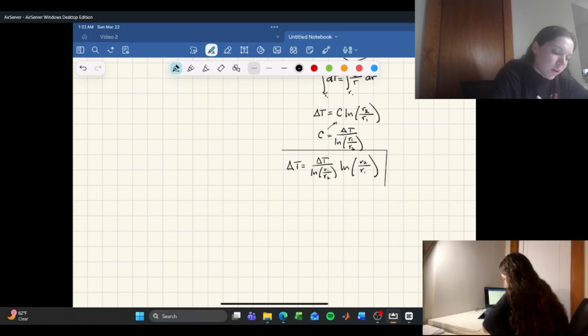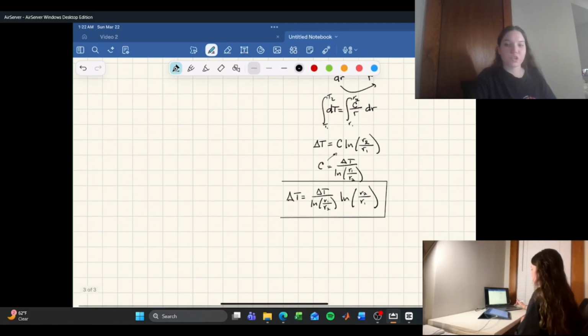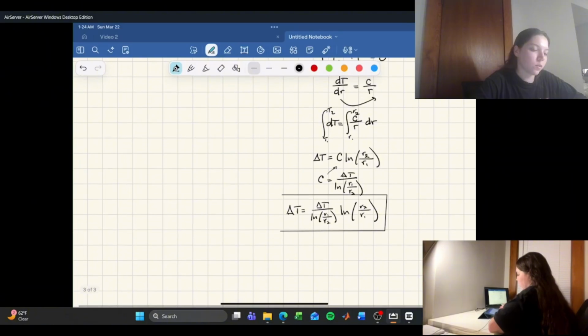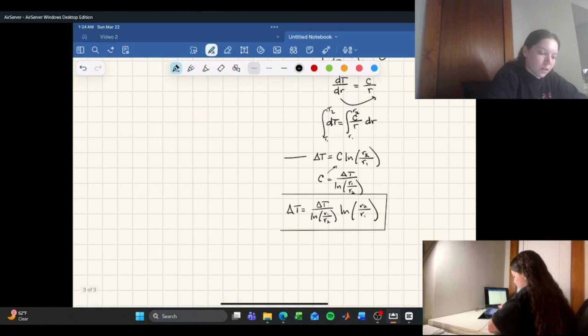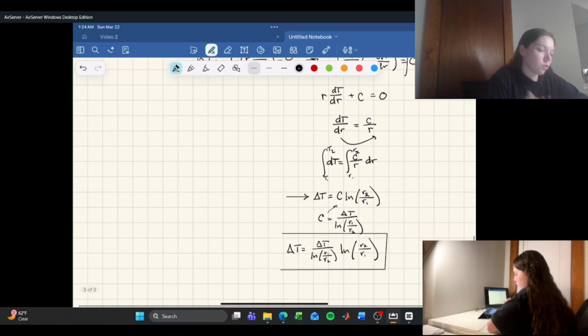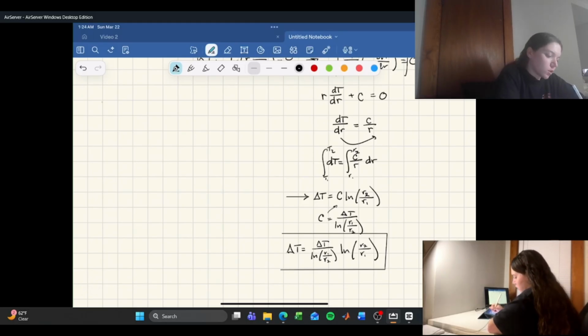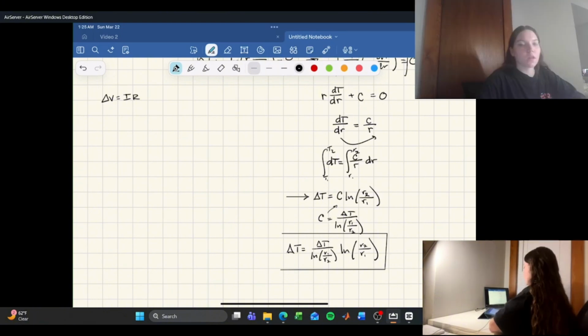Here's that equation. And now we want to do another analogy to the voltage equation again. So if we look back at this equation, we're trying to find the thermal resistance here. So we can do what we did in the last homework video where we related to Ohm's law, which was the change in voltage is equal to the current times the resistance.